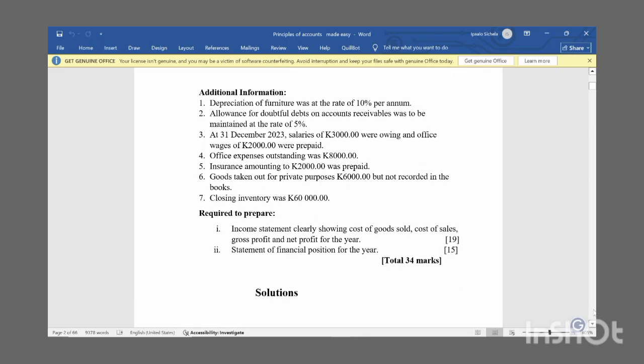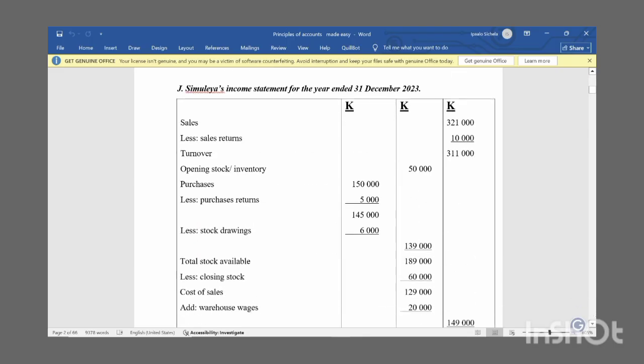Sales returns is subtracted from the sales. So 321,000 minus 10,000, you will get 311,000. And what do we call this figure? It's called turnover, or if you don't want to use turnover, you can say net sales.